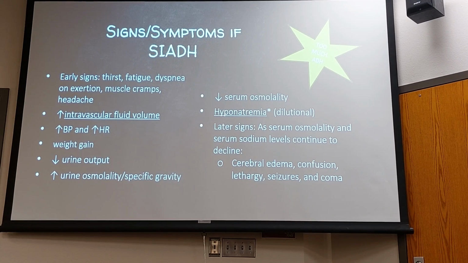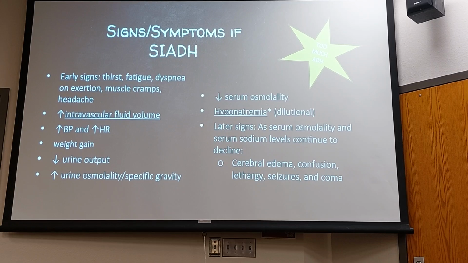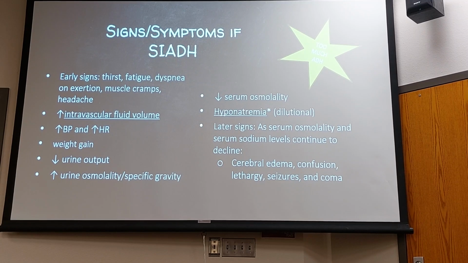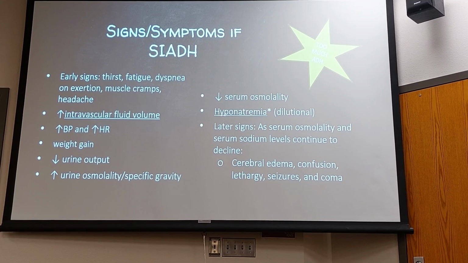And neuro symptoms: confusion, lethargy, seizures, and coma if it gets really bad, okay? So we've got thirst early, fatigue, shortness of breath on exertion, excess fluid, fluid buildup, muscle cramps. It's the electrolyte imbalance going on here, so we're seeing a hypo in our electrolytes. And headaches, okay.